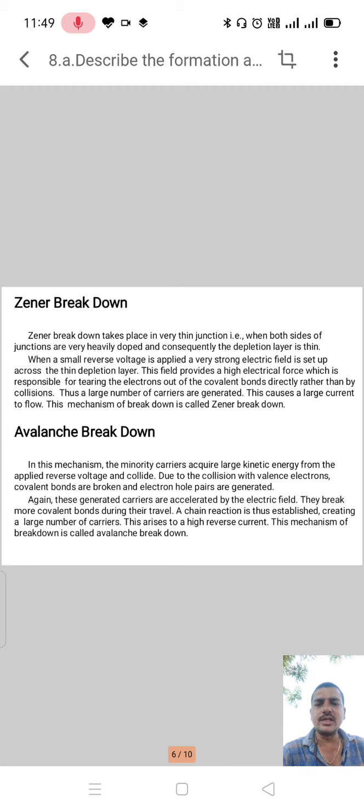Due to the collision with valency electrons, covalent bonds are broken and electron hole pairs are generated.